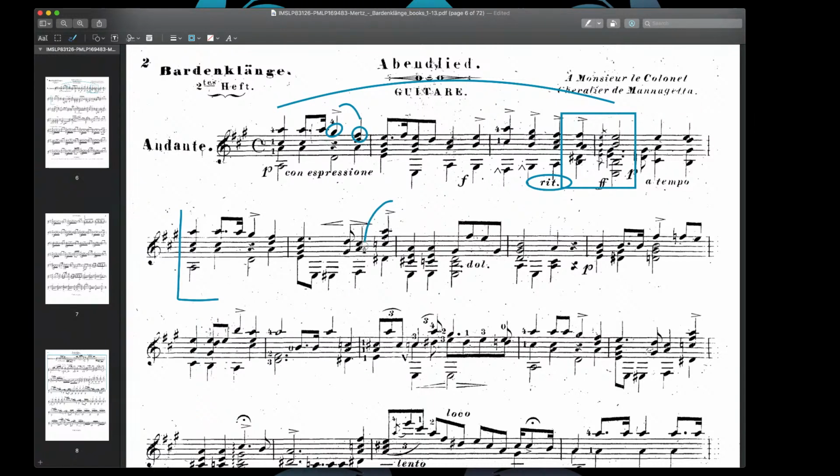All right, next chord, why do we have an accent there? Well, it's that we've got our diminished sounding chord there. Chromaticism.